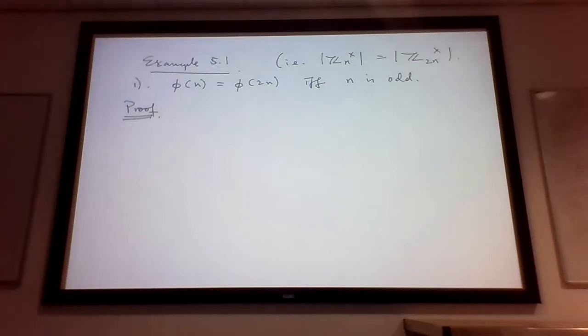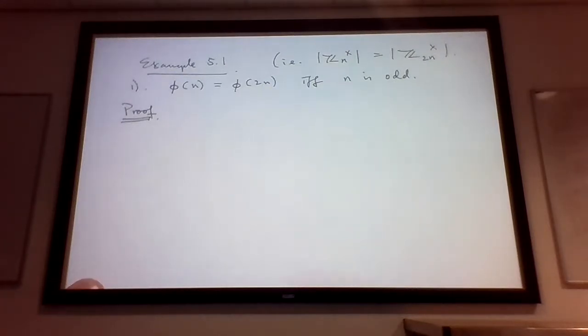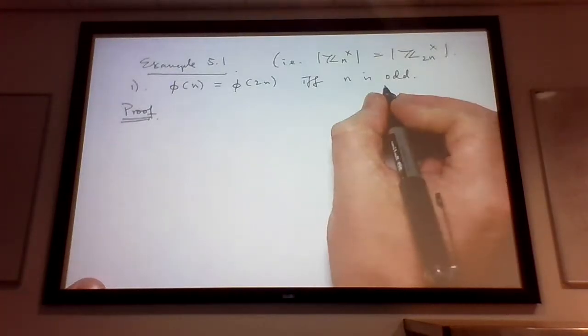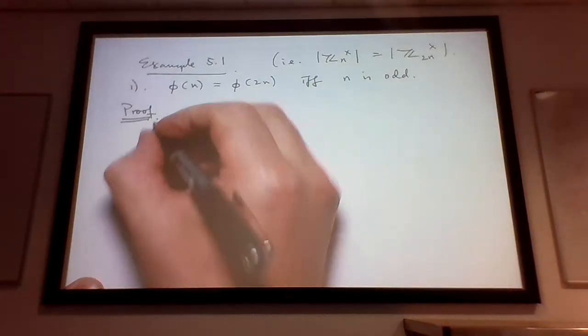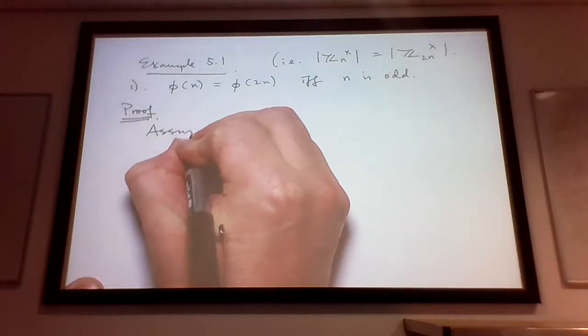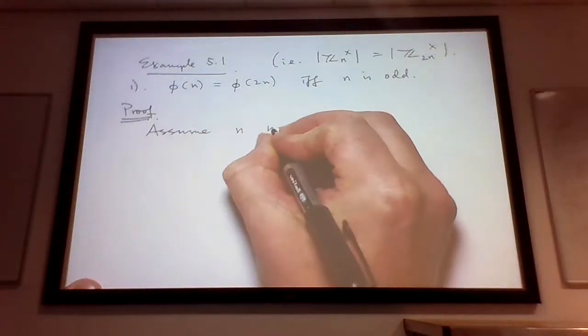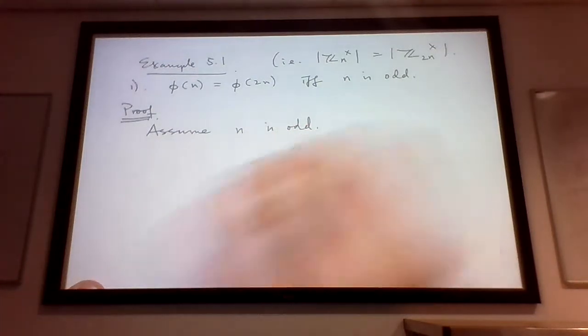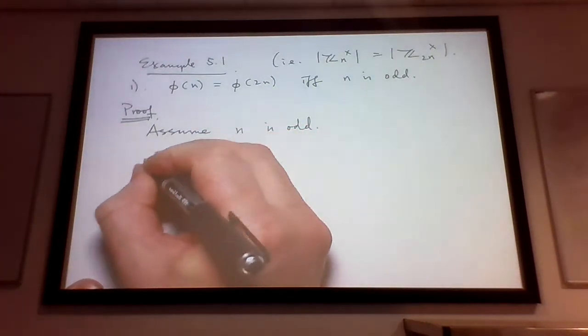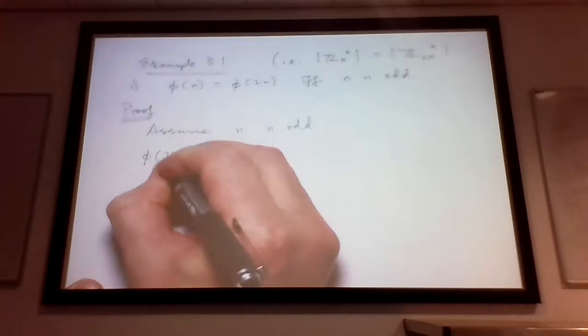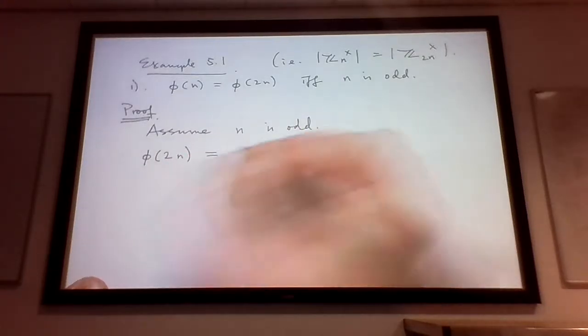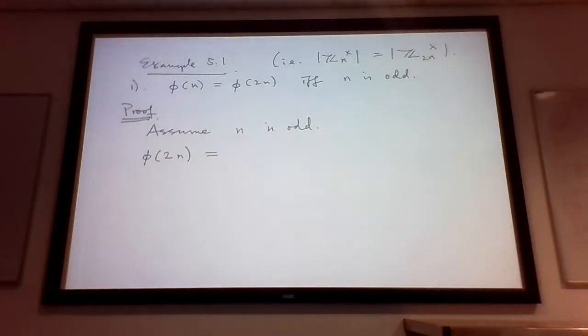So, well, one way: if we assume n is odd, then we can deal with this one quite quickly, because if n is odd, what is phi of 2n? Or how should we think of it?